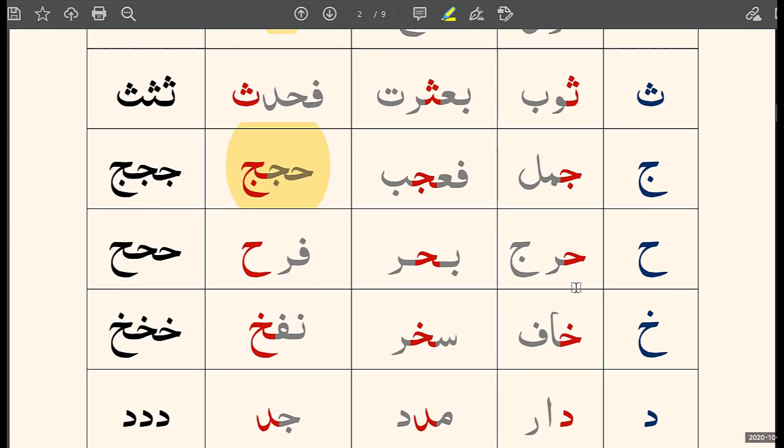Ha, ha, ra, jim, ba, ha, ra, fa, ra, ha. Okay, mashallah, your pronunciation of ha is impressive. Mostly it is quite challenging, but your pronunciation of ha is quite good, mashallah.